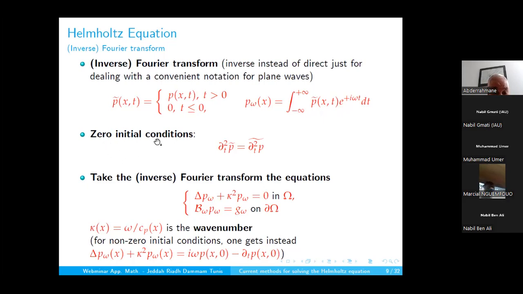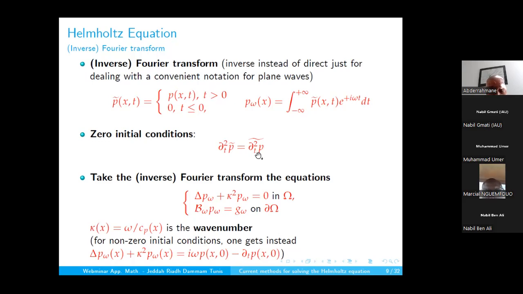And since you have zero initial condition, the second derivative of p tilde is nothing else than the extension by 0 of the second derivative of p.